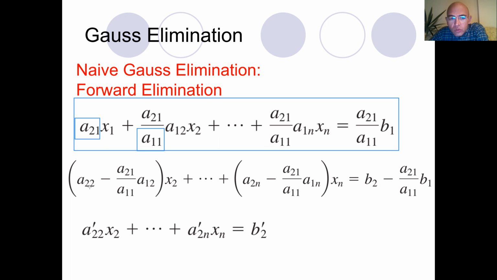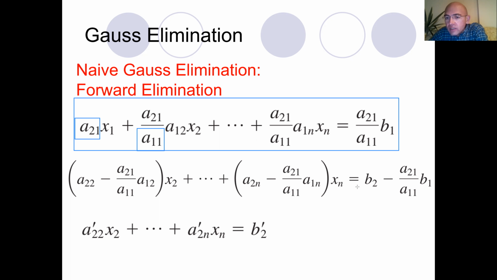For example, the coefficient of x1 becomes 0 automatically. And the coefficient of x2 is a22 minus a21 divided by a11 multiplied by a12, and that is multiplied by x2. And it goes like this. For the nth variable, it is a2n minus a21 divided by a11 multiplied by a1n, and that's multiplied by xn.